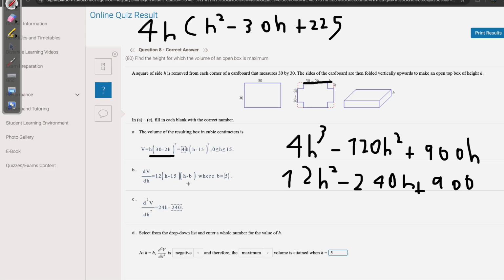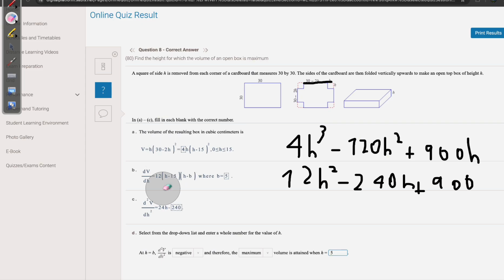This will give us 15 and 5. We already have 15 here, so the other one will just be 5. The second derivative is we just derive this part again. So 24h minus 240.